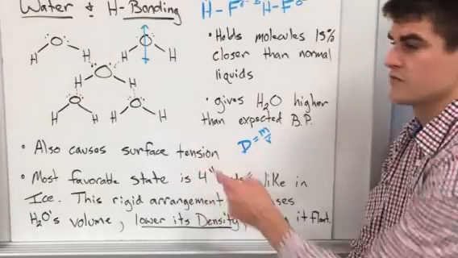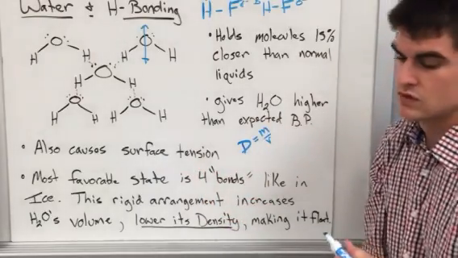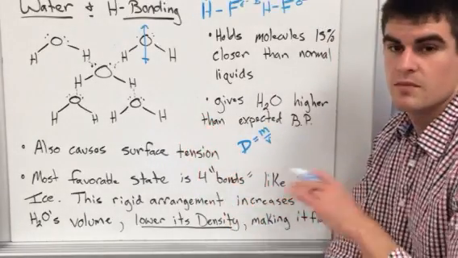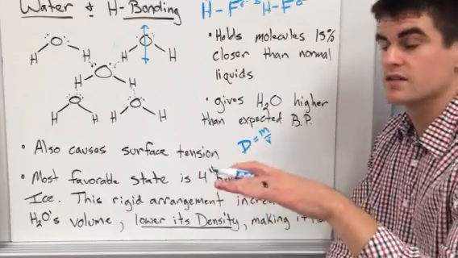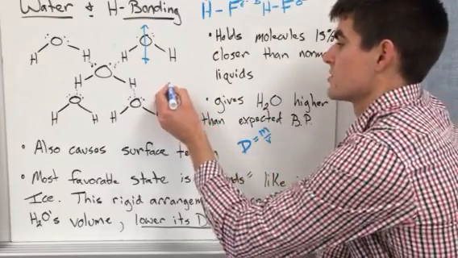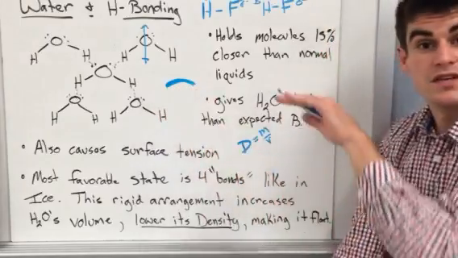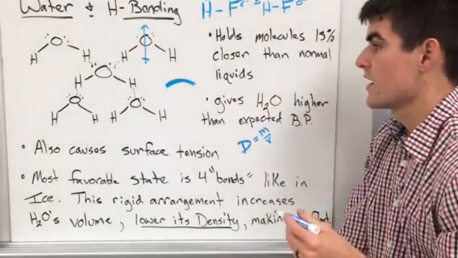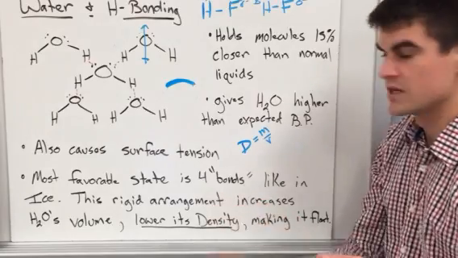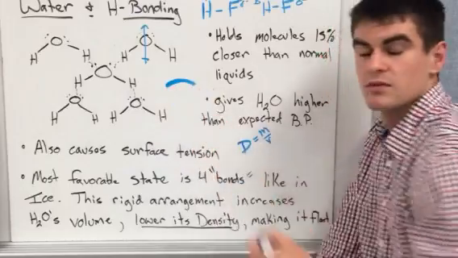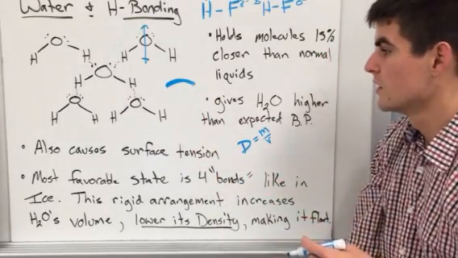This also causes surface tension. So hit pause, go get a glass of water, fill it up as much as you can, right to the top, and then just keep adding one drop at a time. Eventually what you'll get is this dome over the top of your glass. And if you take the lead out of your pencil or a paper clip, I bet you could get that paper clip to sit right on top of that water.